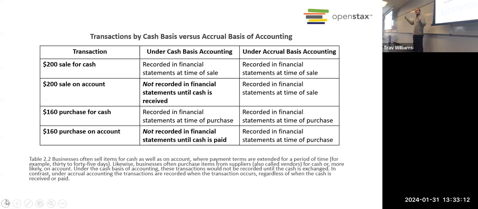But it's when the customer makes the purchase and then pays in a different period of time, that's when it makes a difference. That's when it's going to look differently depending on whether you're using the cash basis or the accrual basis. Which approach did I say we're going to be using primarily in this course? Accrual. Okay.